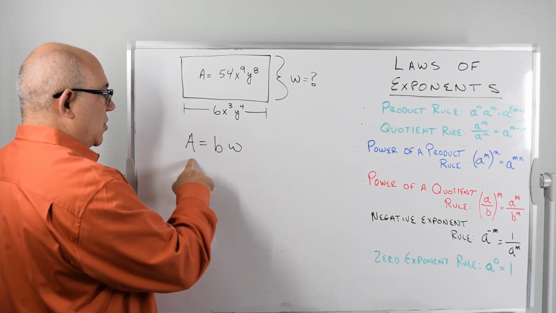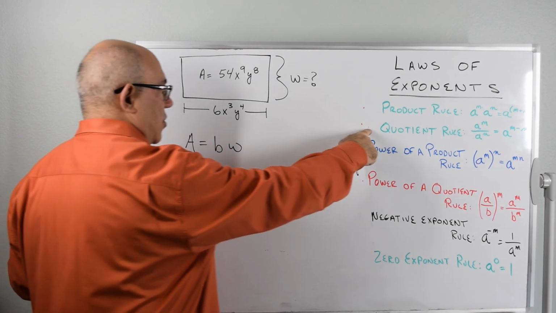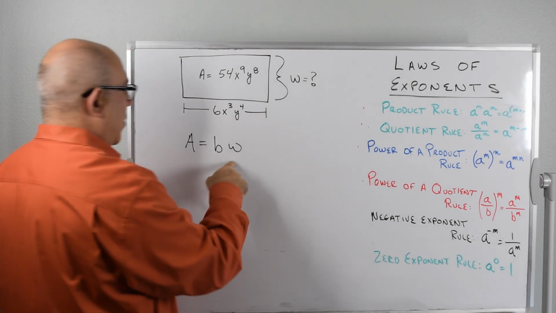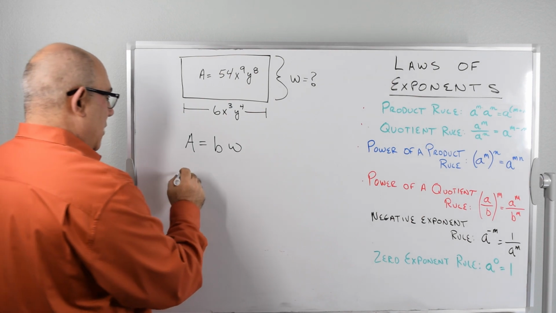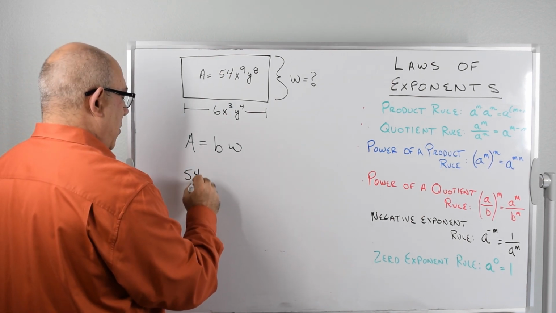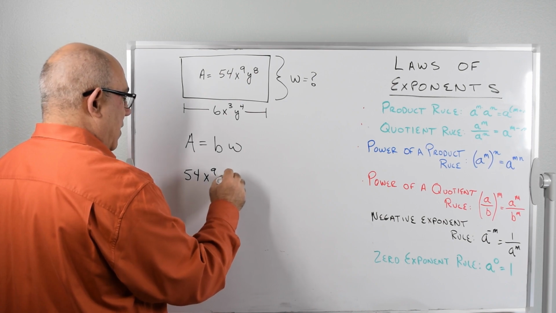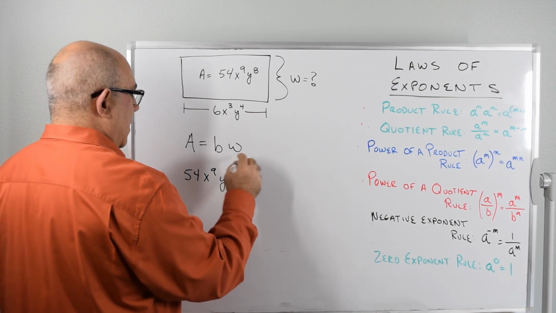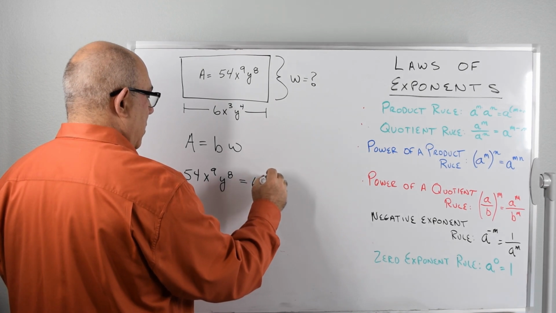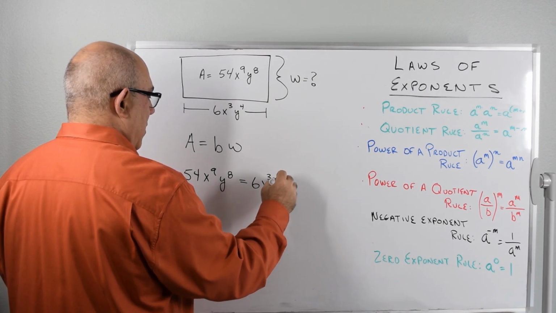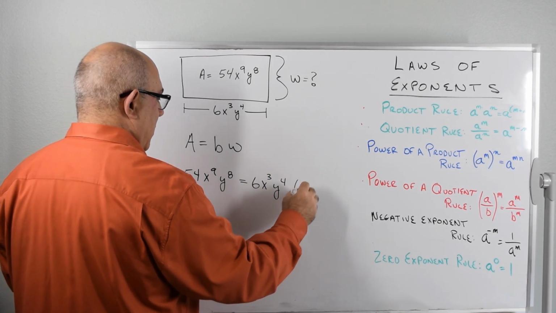We have to do a division, and we can use the quotient rule to help us figure out what the w will be. So let's solve that. 54x to the 9th y to the 8th equals 6x cubed y to the 4th times w.